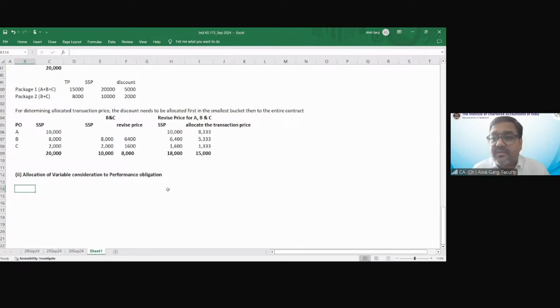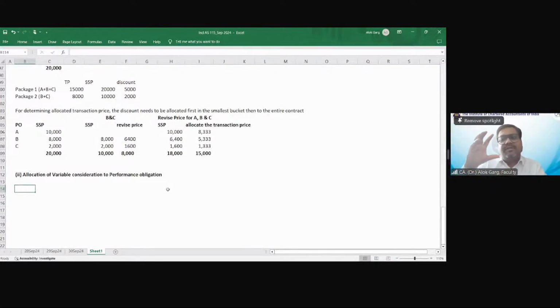So let's say 1 crore rupees is the construction price. 10,000 multiplied by 5, 50,000, is the 5-year maintenance price. 5 lakh rupees is the variable consideration, right? What is my transaction price?